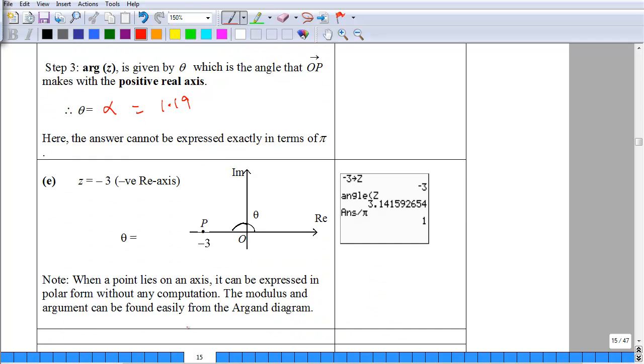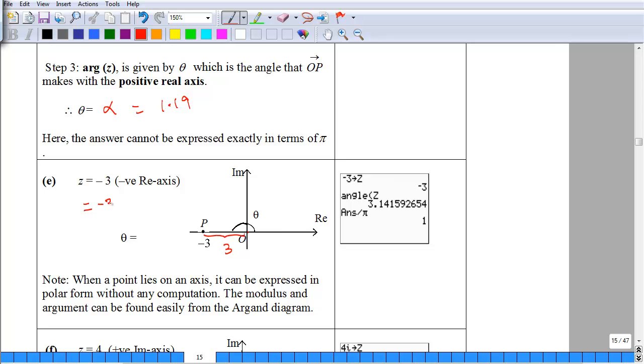Let's move to E. Now in part E, we are asked to find the argument of a real number, negative 3. Now we know that to mark down negative 3, I move 3 units to the left from the origin, so there's 3 units here.